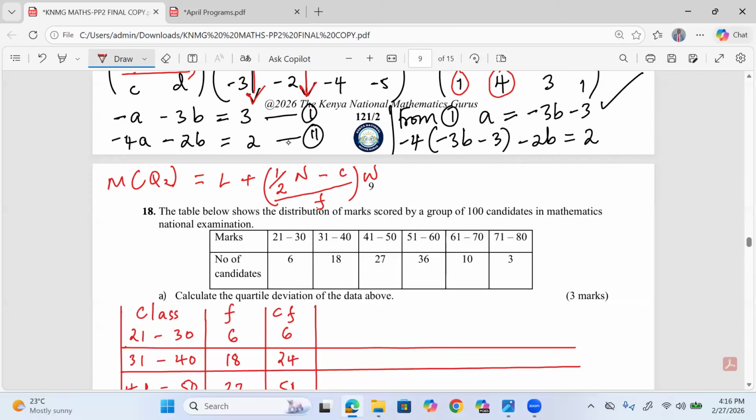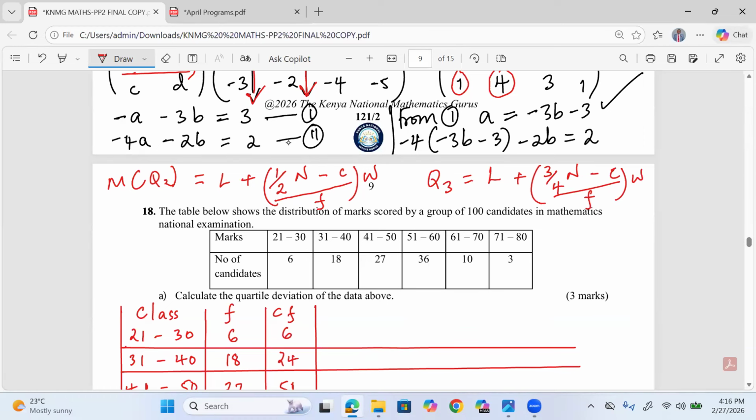Half of the total frequency gives us the middle quartile, rather the median. Now we can talk about the upper quartile, which is Q3. Q3 is given by the lower class boundary of the Q3 class plus 3/4 of the total frequency minus the cumulative frequency just before the Q3 class, out of F. Then everything here is multiplied by the class length.